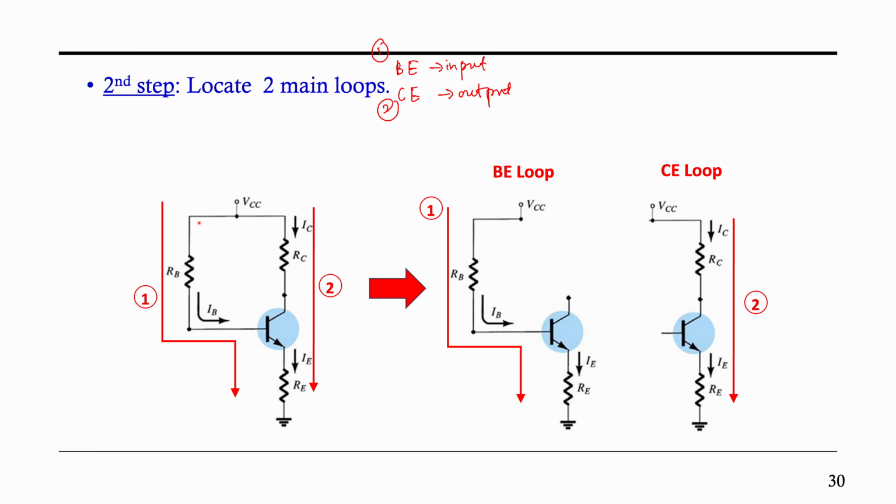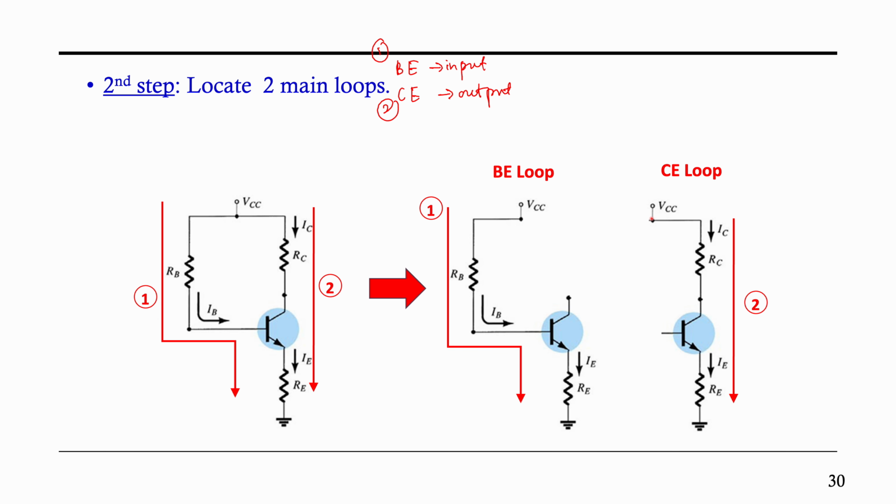Now let's look at the BE loop. It starts at VCC, goes through RB to the VBE junction, goes to the emitter, and ends at ground. That is your BE loop.